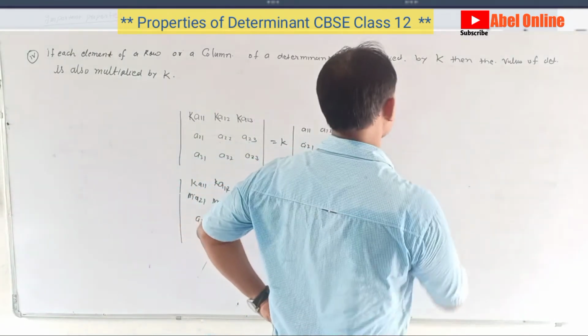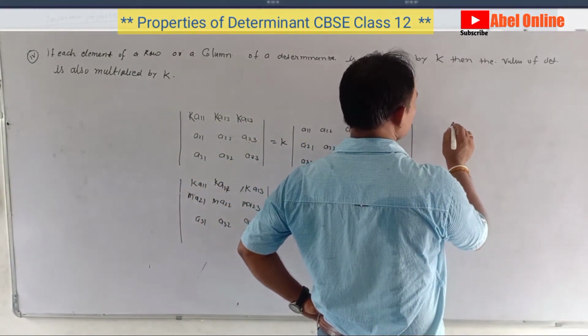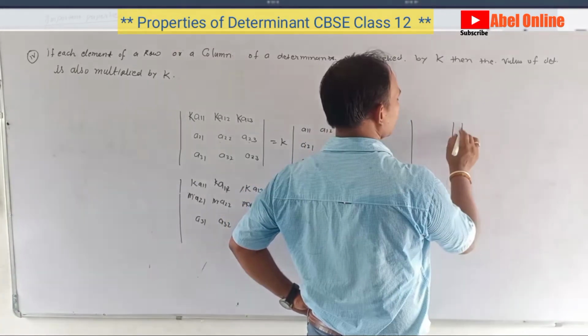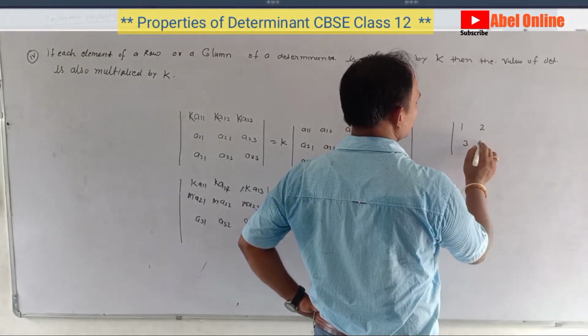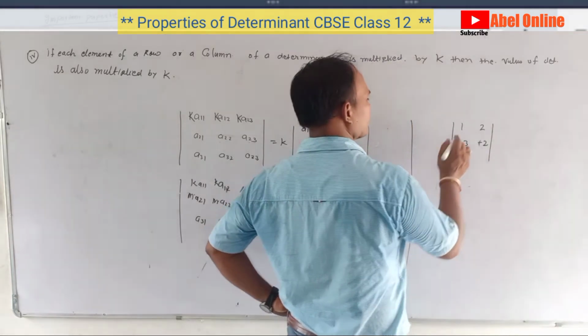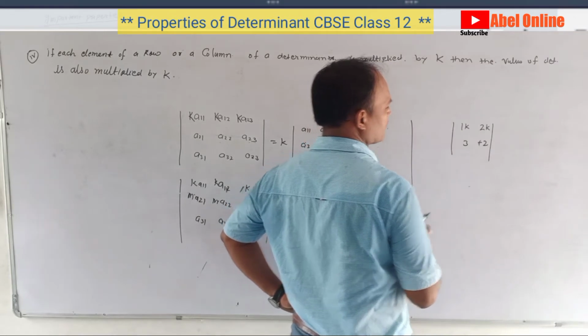Now we are taking an example ourselves. Suppose it is 1, 2, 3, 1, 2, 3, minus 2, and it is multiplied by k. It is 1k, it is 2k. So what is the value of this?